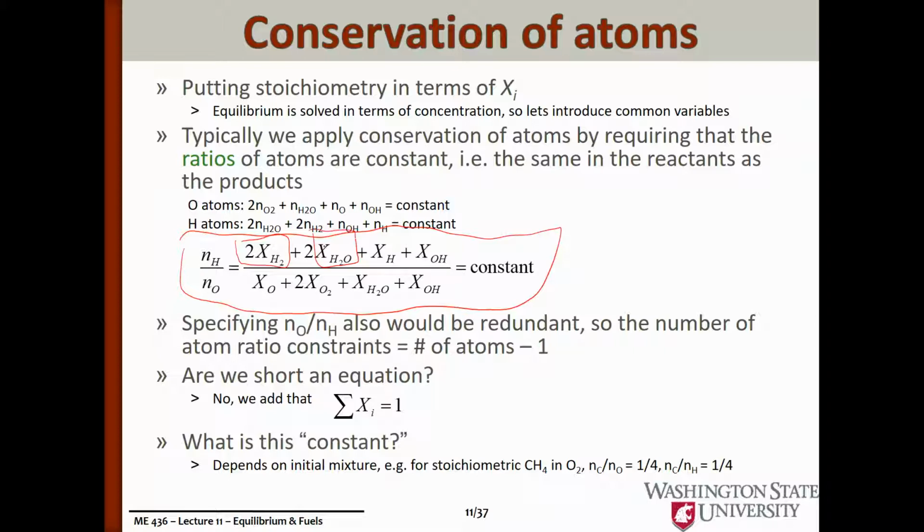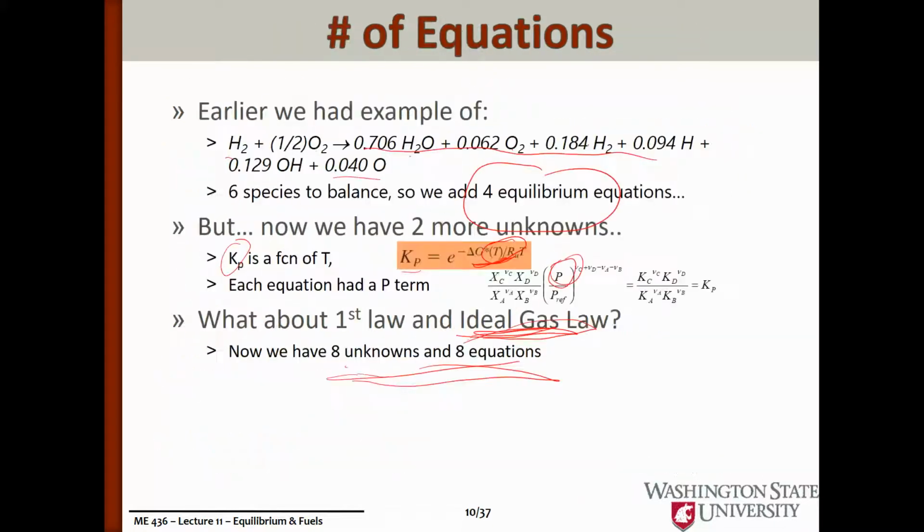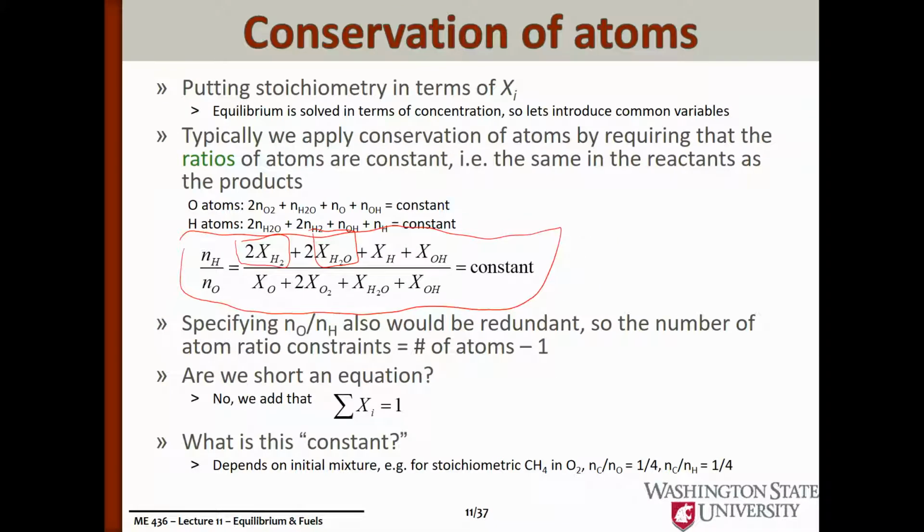So these concentrations, XH2, XH2O, these are what we're actually solving for in those equilibrium reactions. If we go back to the definition of the equilibrium constant here, we're solving for these gas concentrations. So if I could get my stoichiometric balance in terms of those same variables, it makes the system of equations a little easier.